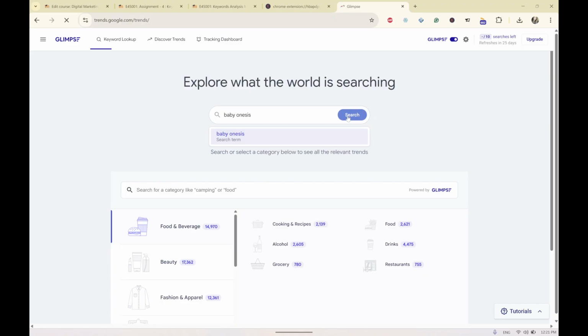And let's keep it worldwide. Come on, Google, you're slow, or my computer is slow. Yes, this search term. I want baby onesies. Search. Explore what the world is searching.